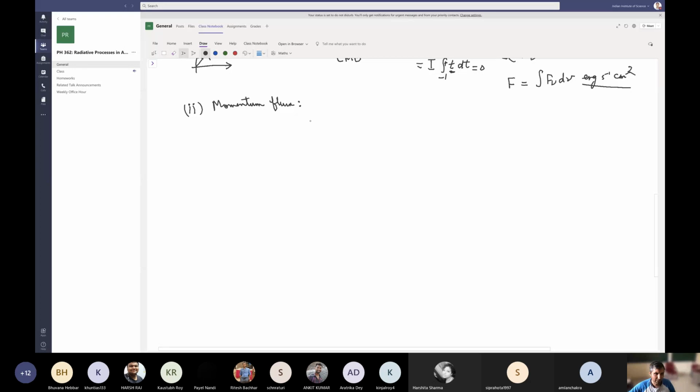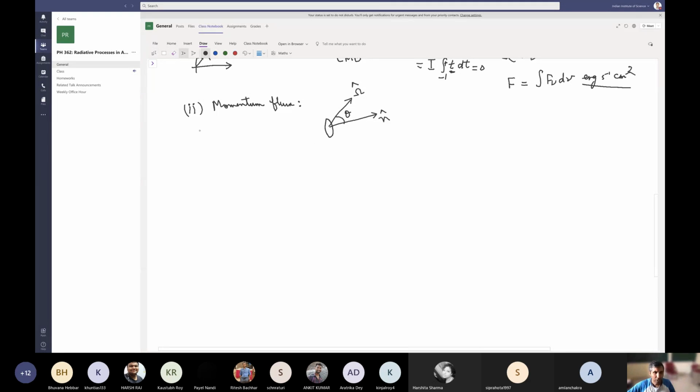Okay, momentum flux. Now let's consider an area, with area normal n hat, and some angle theta. This is the direction of the light ray that we are considering.